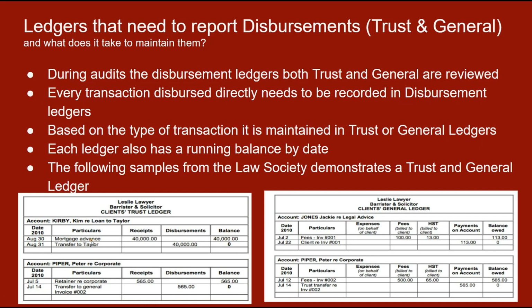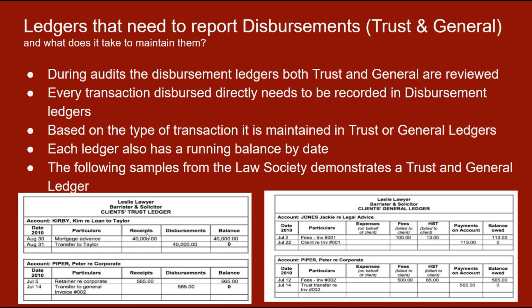And what would be nice to have is also who was it for, and that's what you have right up here. This is for Kim Kirby, but you're also being very specific about the matter. So this is regarding the file loan to Taylor. You can see the difference. This is for Peter Piper's corporate. This was different, yeah? And you can see that continues through all documents. Especially disbursements can only be for a specific client.